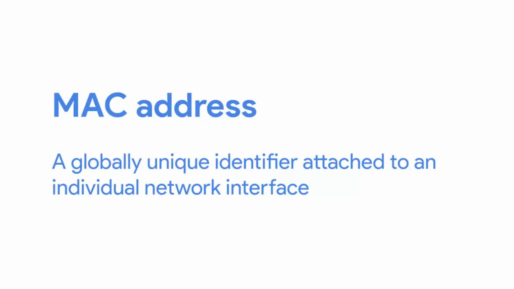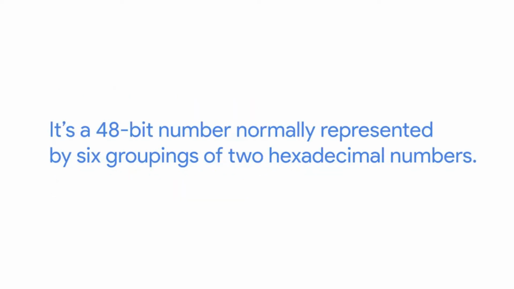This is where something known as a Media Access Control address, or MAC address, comes into play. A MAC address is a globally unique identifier attached to an individual network interface. It's a 48-bit number normally represented by 6 groupings of 2 hexadecimal numbers.